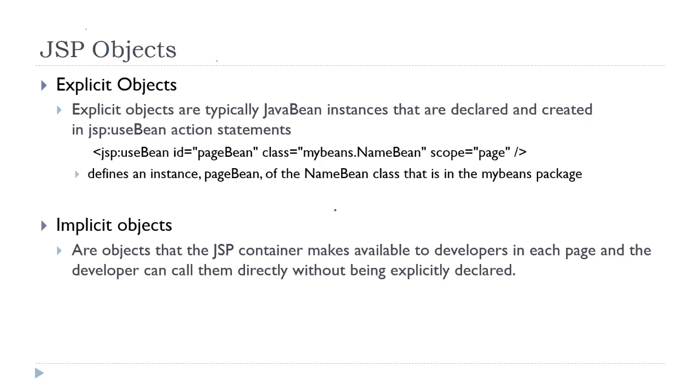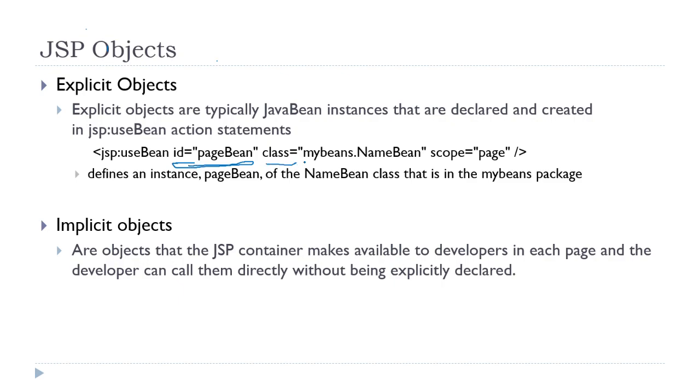If you want to create instances of this class, we can create those instances using the JSP useBean tag. So the object is created and injected in our JSP file. This is the syntax: we use jsp:useBean along with the ID, which you can consider to be like the object reference.